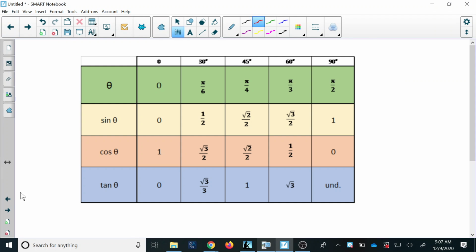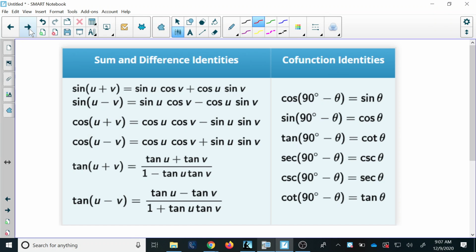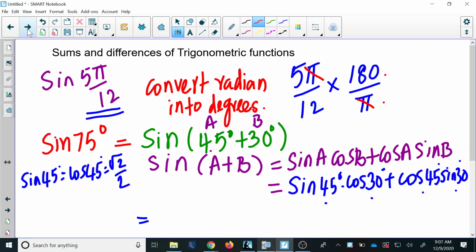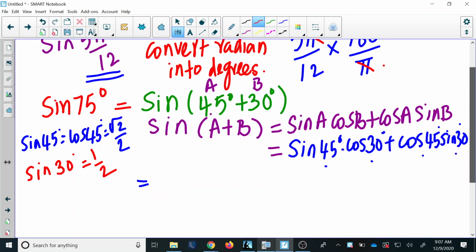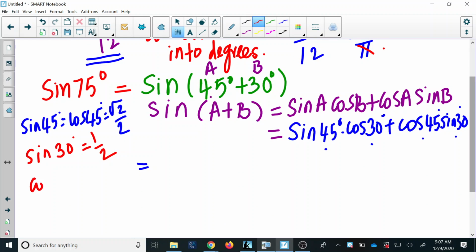What about sine 30? Sine 30 is 1/2. Cos 30 is square root of 3 over 2.